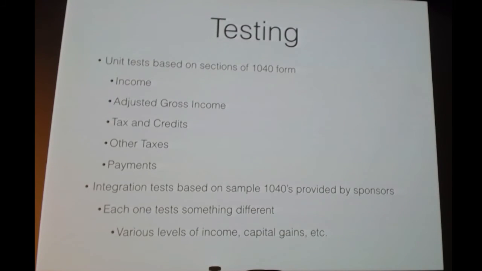So speaking of testing, we have two different types of testing. We're using unit testing as well as integration testing. On the 1040 form, there are all these different sections, so income, adjusted gross income, tax and credits, all that stuff. So we have individual unit tests that just test those individual sections to make sure those are correct. And then from our sponsor, we received sample tax forms that tested various things.